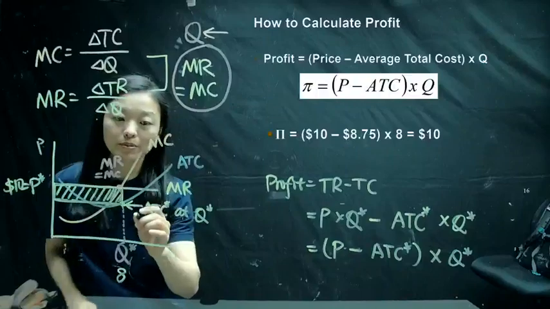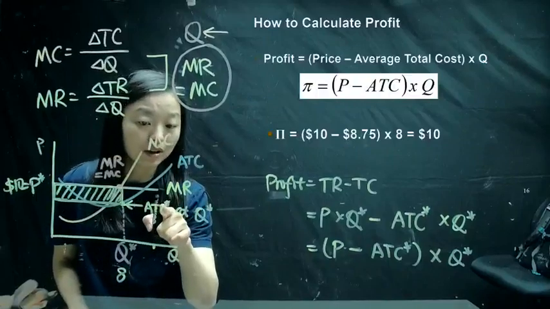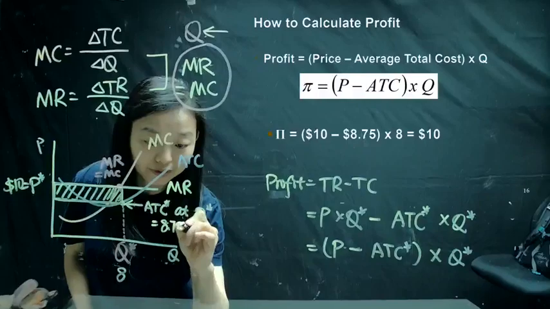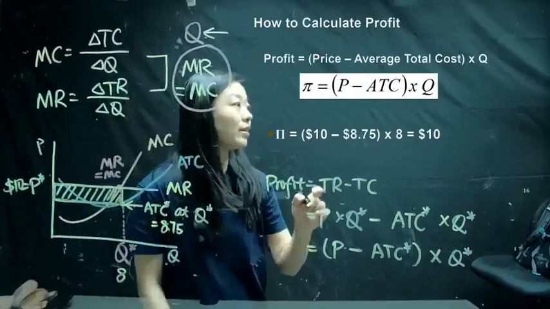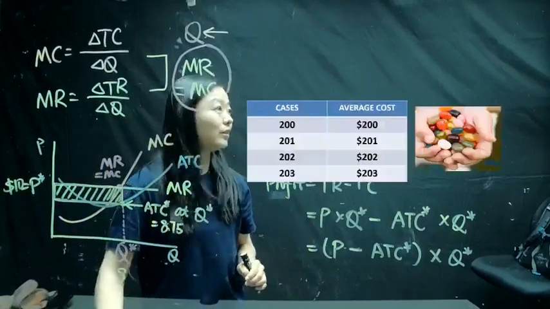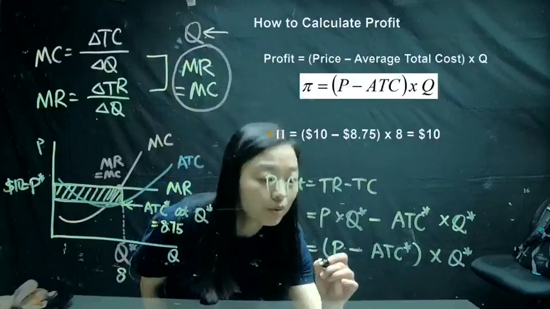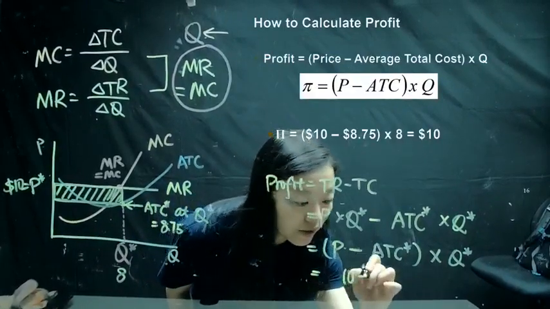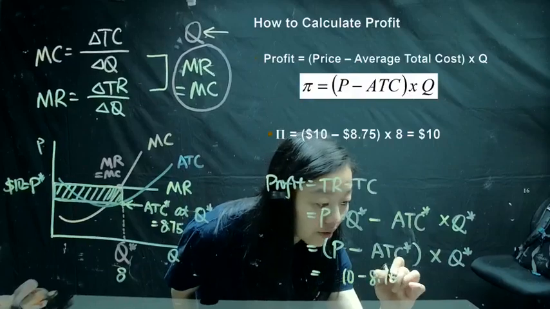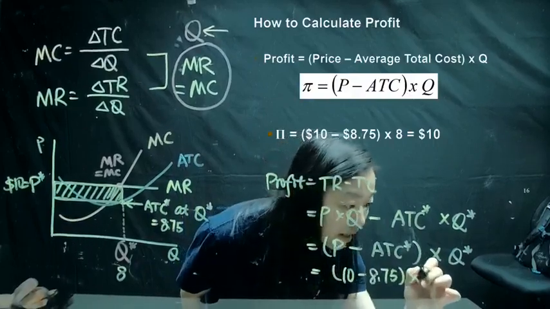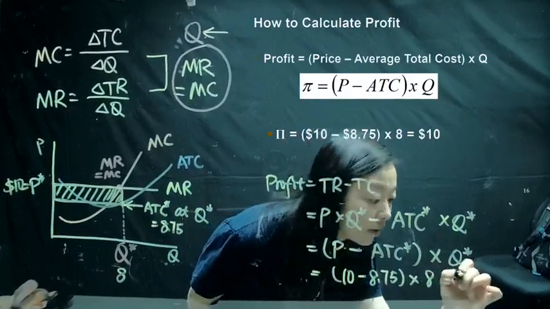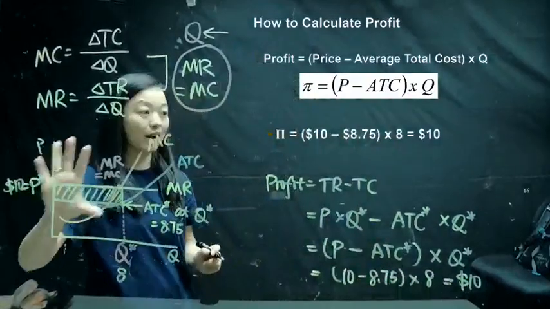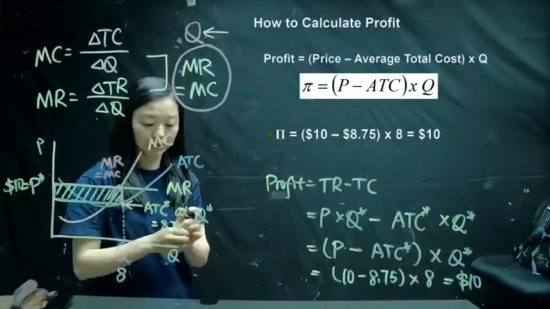So $10 is the price, and average total cost at Q star is $8.75. So our profit equals $10 minus $8.75, and then times 8, which will equal $10. This $10 showing up on this graph is this rectangle.